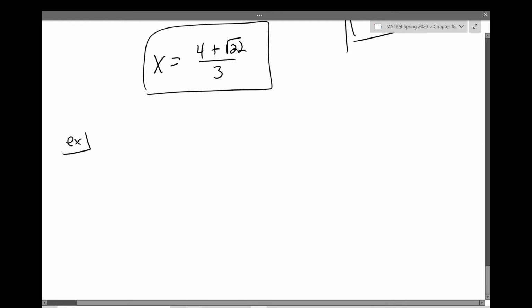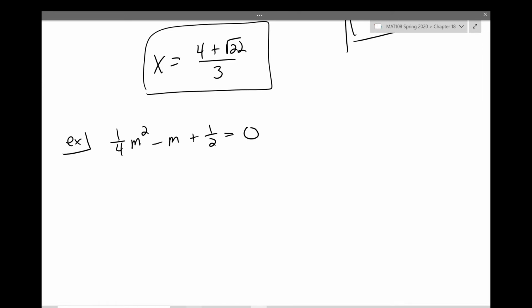All right? How about a problem like this? Let's really switch this up. Okay? So how about 1/4 m squared minus m plus 1/2 equals 0? Now, if we wanted to, we could go ahead and use the quadratic formula on this.